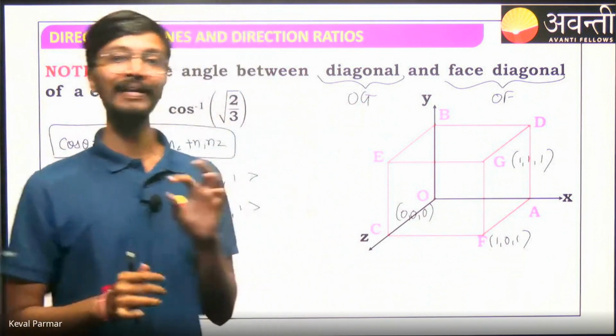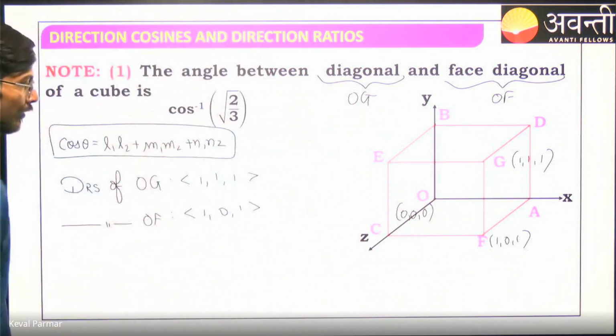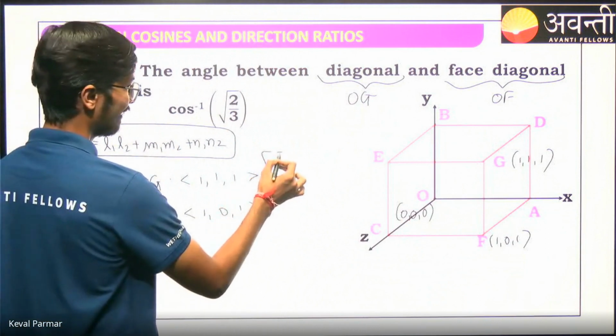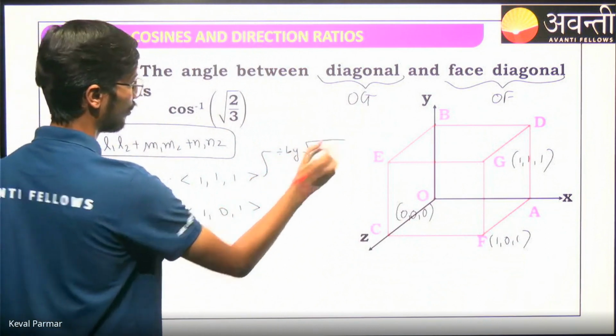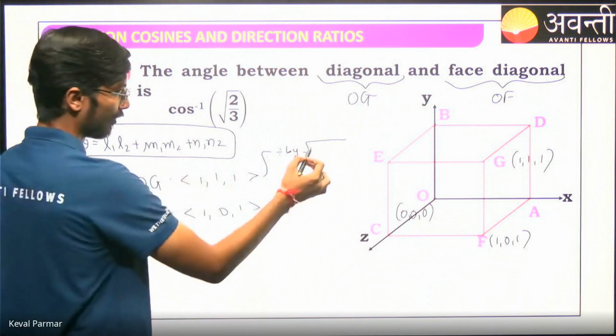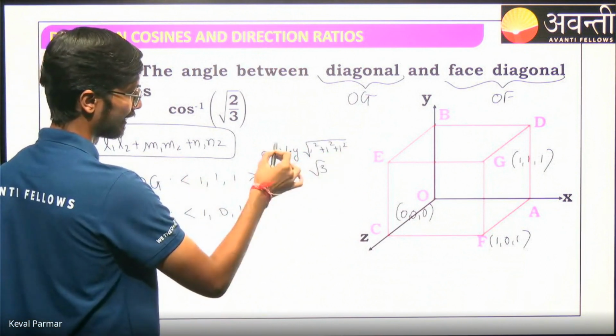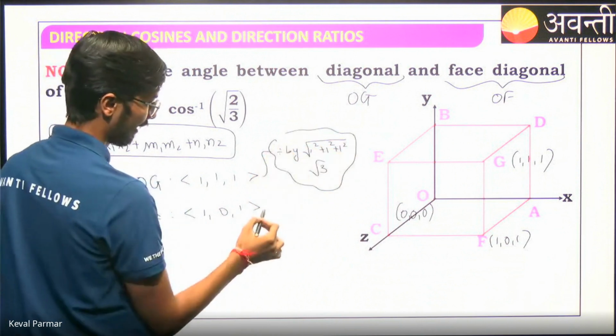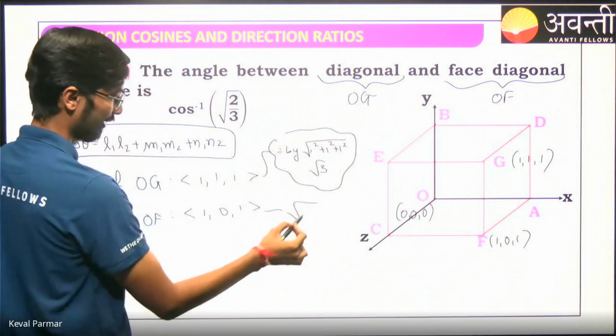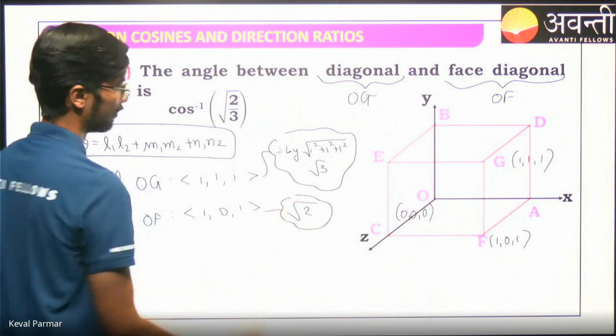Now if we have the direction ratios, we can get direction cosines. How? By dividing by the root of the sum of their squares. So for this, we divide by under root of 1 square plus 1 square plus 1 square, that is root 3. And for this, I'll write directly root 2.